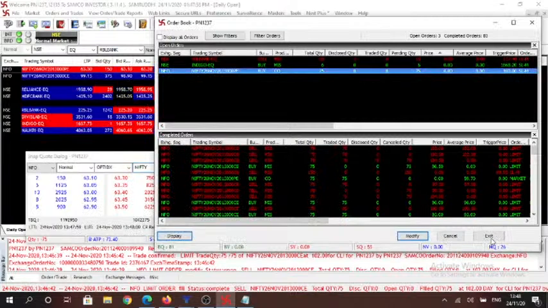To be exiting our puts as well now. Let's see if they break 60.